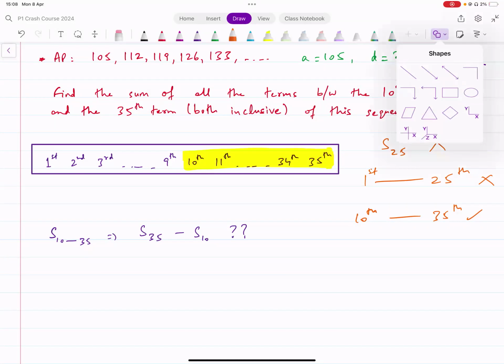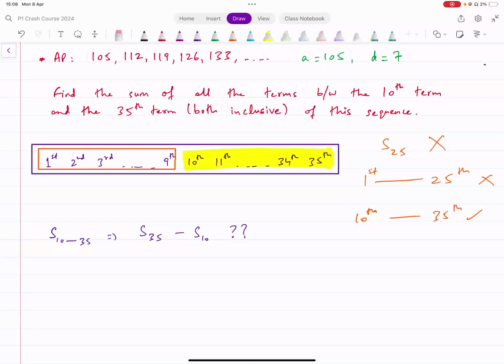We should be subtracting these terms from the total, up to the 9th term. So the sum of all the terms from 10 to 35 is going to be the sum of the first 35 terms minus the sum of the first 9 terms, because remember the 10th term also has to be included in the result. So it's going to be S35 minus S9.